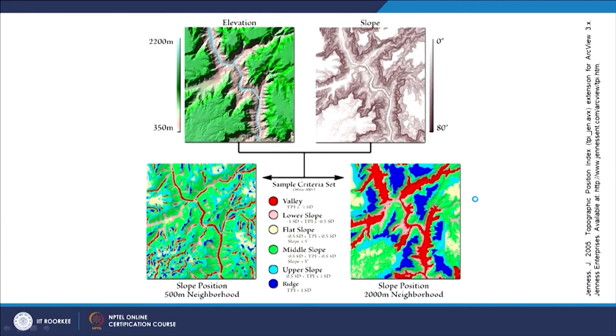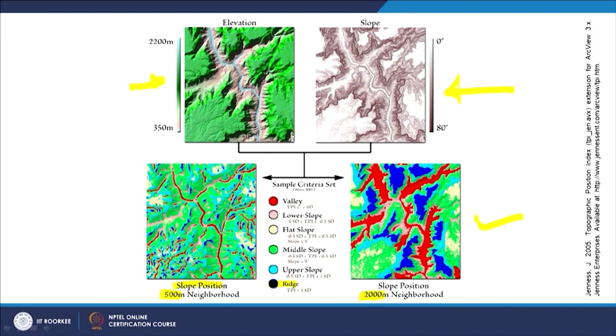Now here is that same example again, but based on slope classifications. Here is your input digital elevation model, this is the slope map on the top right, and then slope position again at 500 meter spatial resolution and 2000 meter spatial resolution. See the valley part in the right hand image, that is 2000 meter, it is very large, and the same with the ridge part.